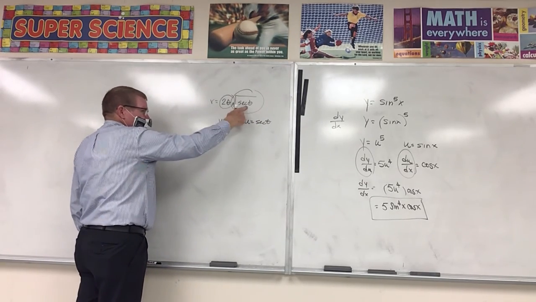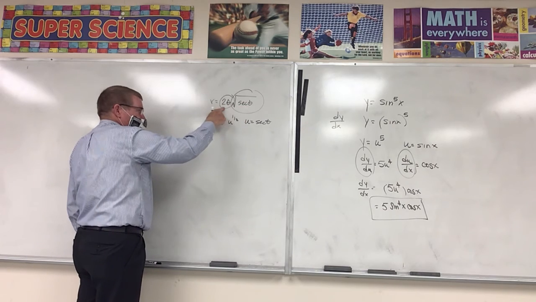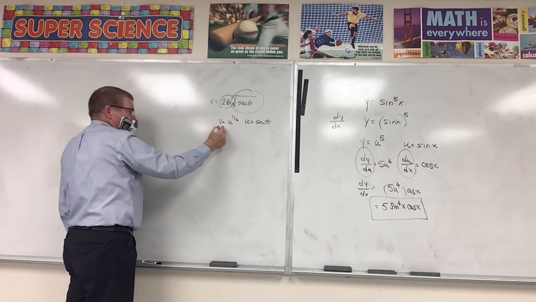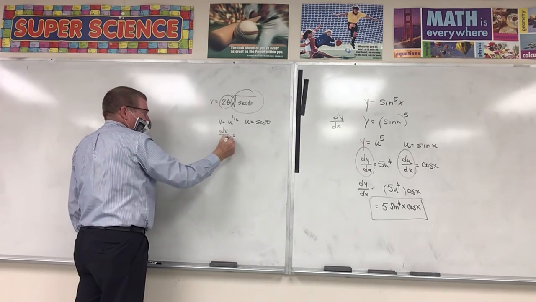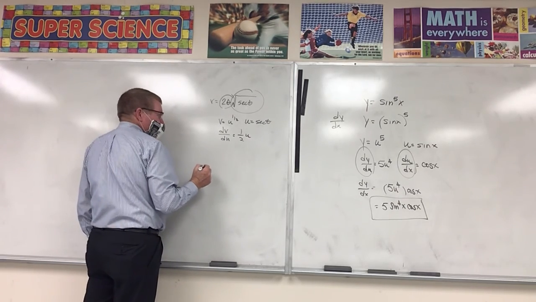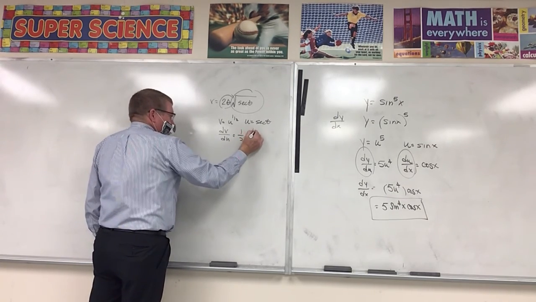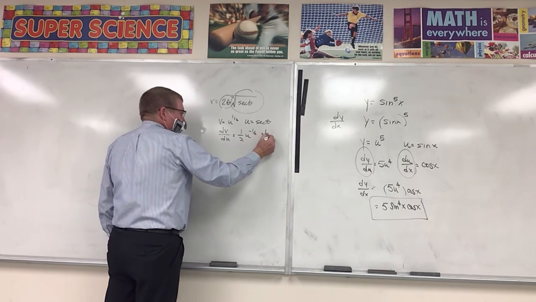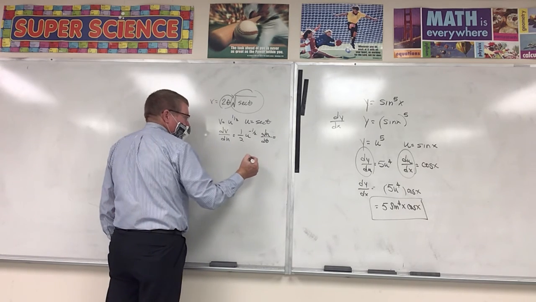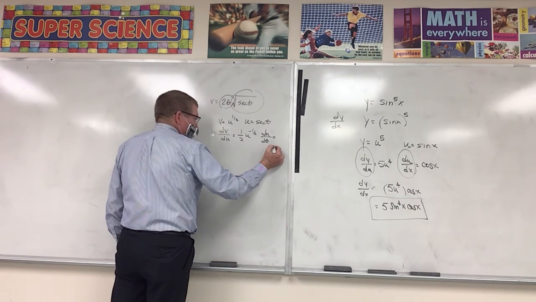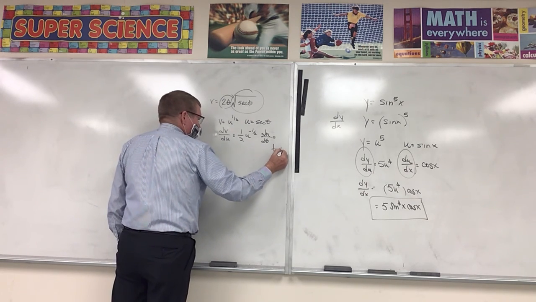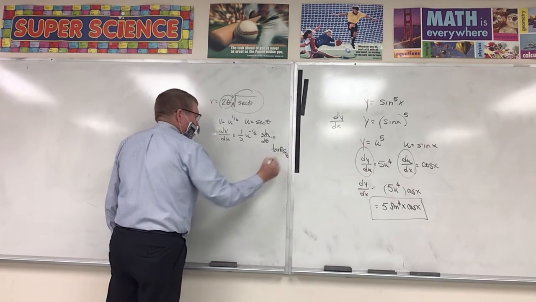First times the derivative of the second, plus the second times the derivative of the first. But I need to know what the derivative of the second is. So here's my derivative of the second: dv over du equals 1/2 u to the negative 1/2. du over d theta equals secant theta tangent theta.